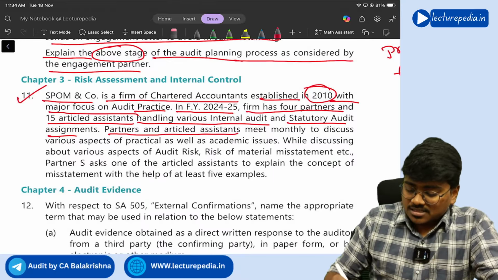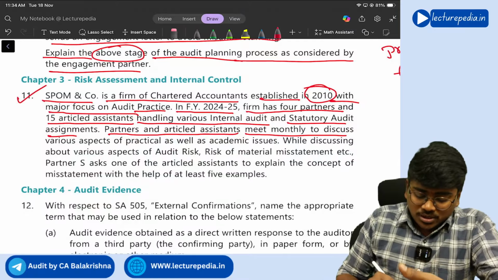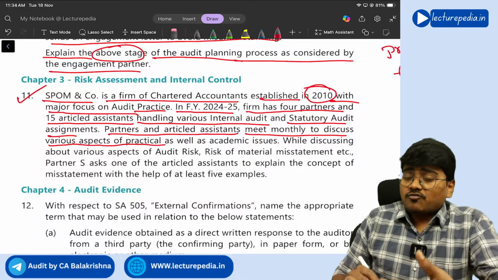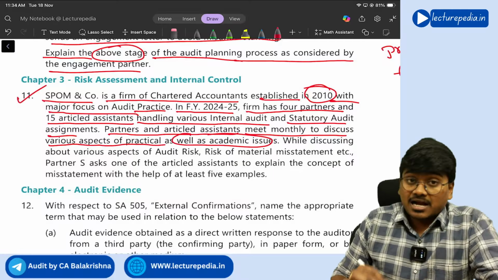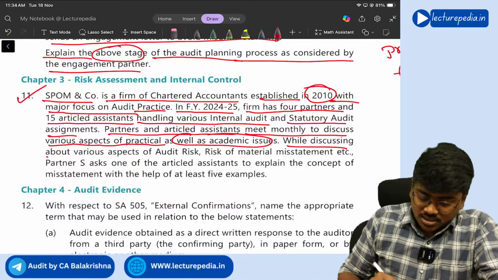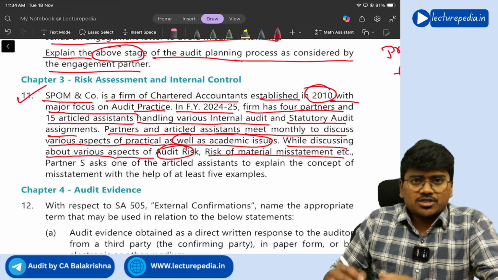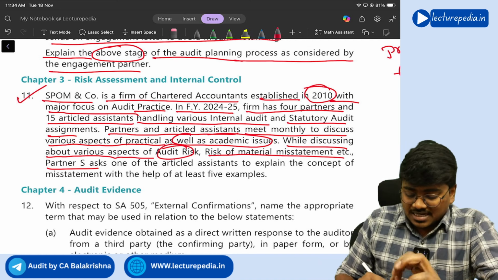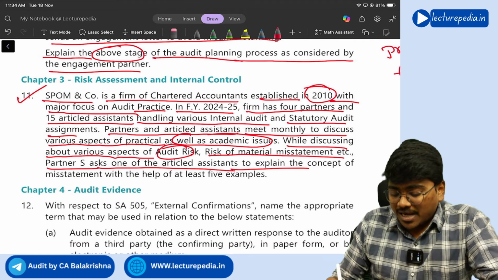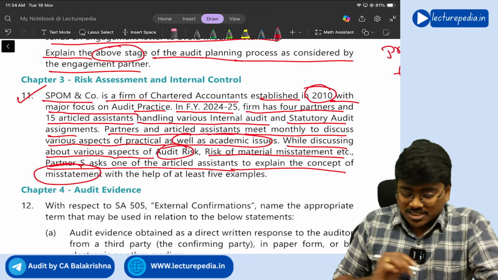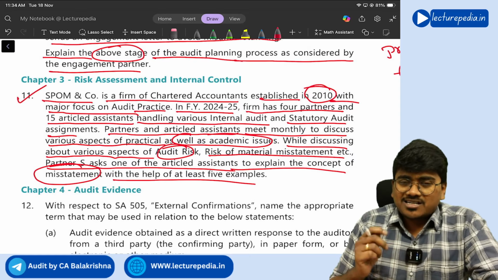Partners and article assistants meet monthly to discuss various aspects of practical as well as academic issues. While discussing various aspects of audit risk, risk of material misstatement, etc., a partner asks one of the article assistants to explain the concept of a misstatement with the help of at least 5 examples.